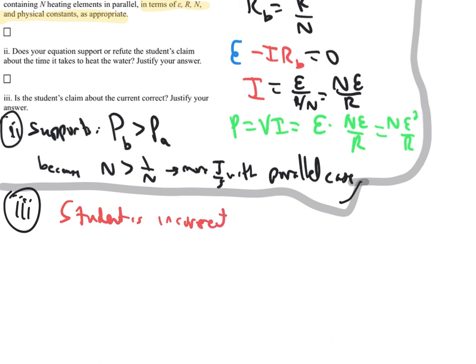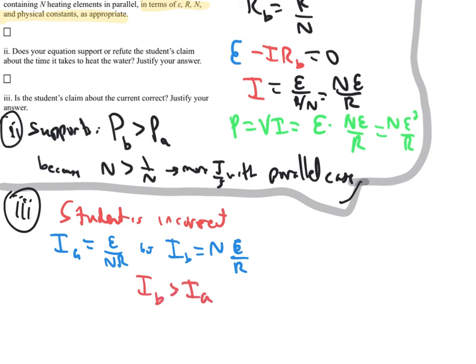I accidentally found that in case A, the current was E over NR. In case B, it was N times E over R. So again, we see the current is actually larger in this case than the other case. So even though the student had the right sense of what to do, they were wrong as to why it would work.